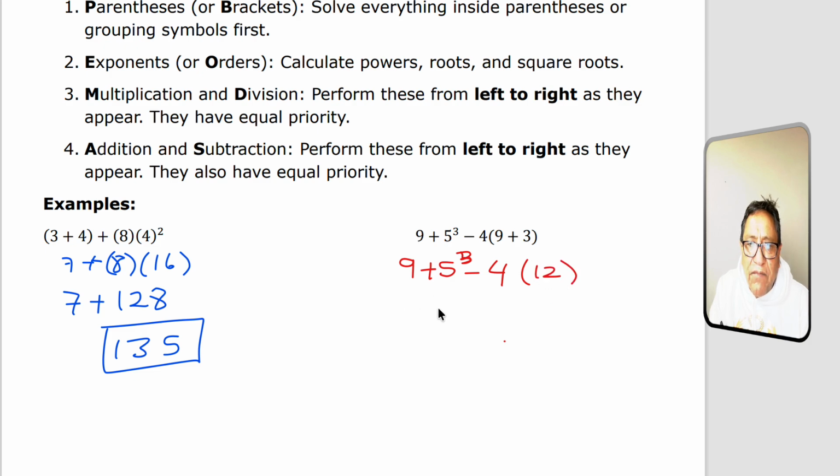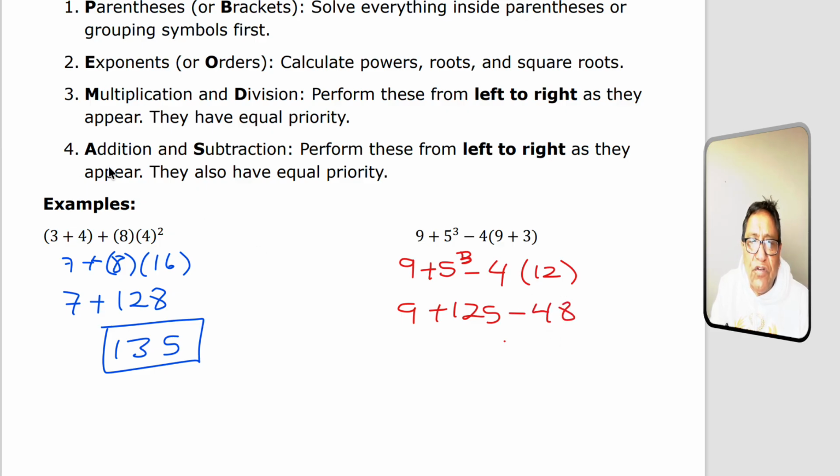Now we have exponents. 5 cubed will be 125, minus 4 times 12, which will be 48.